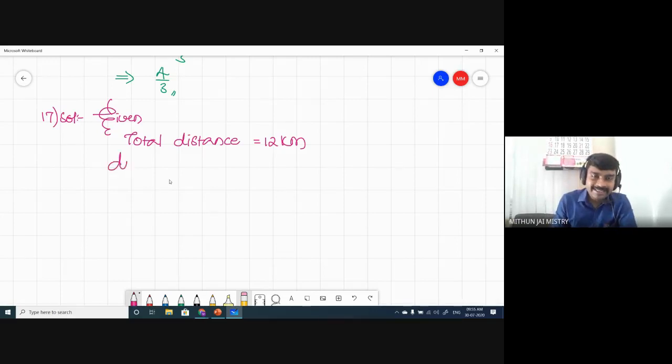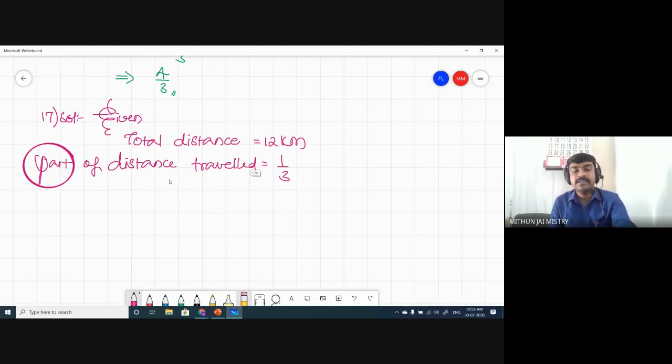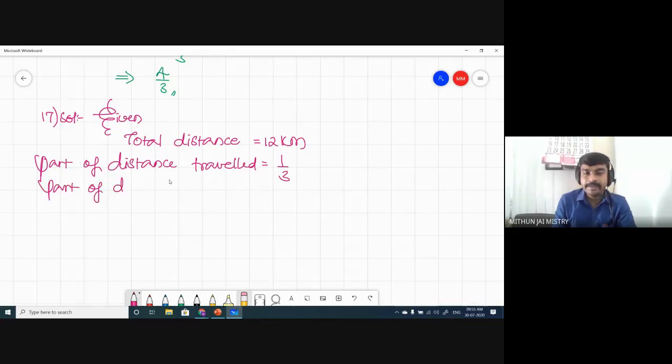So here I will write part of distance traveled is equal to 1/3. So 1/3 of the distance he has already traveled. Now, what do you mean by that? Part of distance remaining to travel.